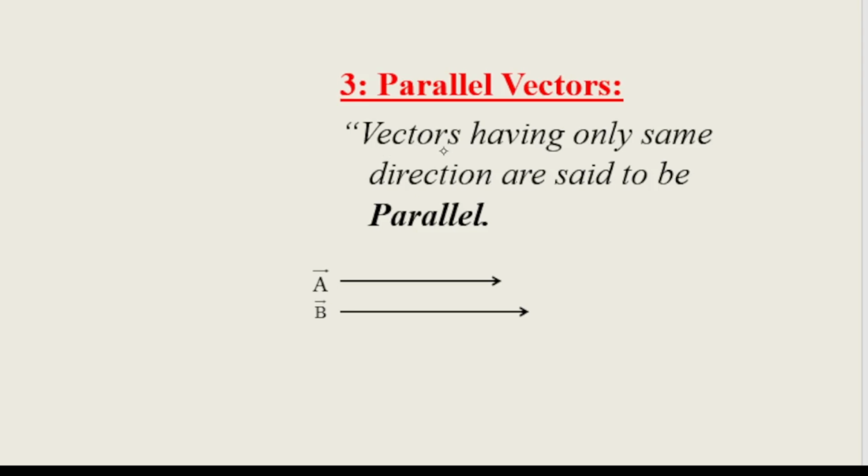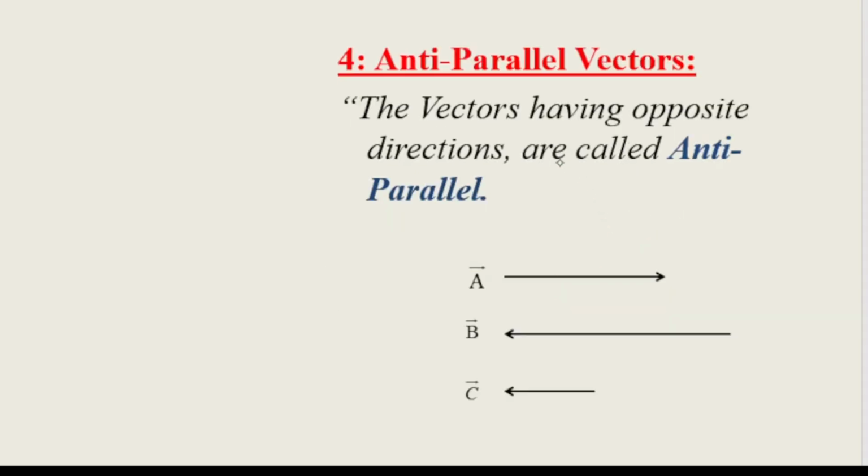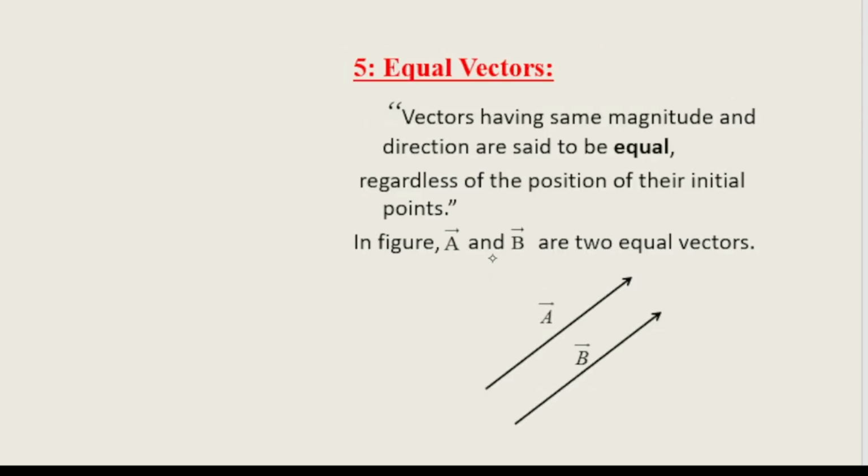Parallel vectors. Vectors having only the same direction are said to be parallel. Anti-parallel vectors. The vectors having opposite direction are called anti-parallel vectors, such as A and B have opposite direction, or A and C have opposite direction, and they are called anti-parallel vectors.